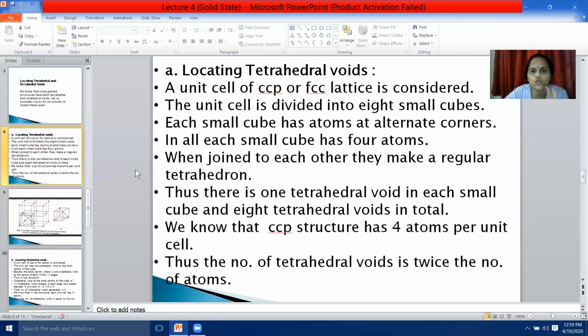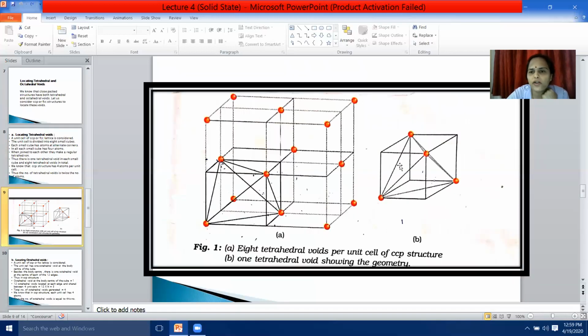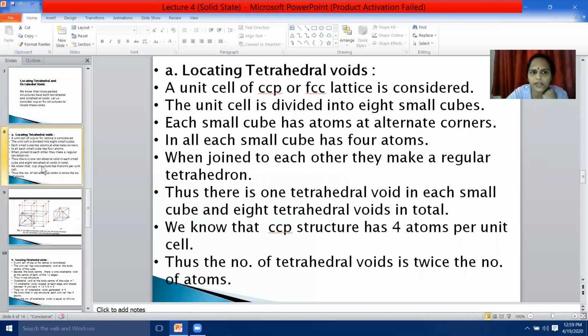Each small cube has atoms at alternate corners, and in all, each small cube has 4 atoms, and when joined to each other, they result in the formation of a regular tetrahedron. You can see in this diagram a regular tetrahedron has been generated. Thus, there is one tetrahedral void in each small cube and 8 tetrahedral voids in total.